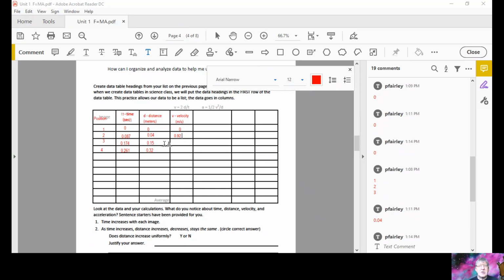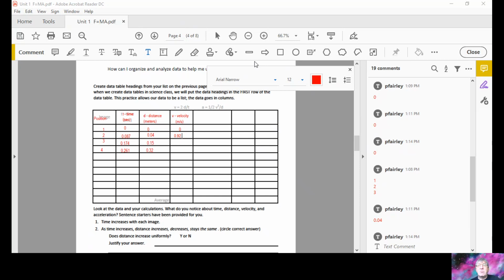2d. So I have to start with 0.15. Be very careful. You got to put the correct thing in first. It's got to be d. 2 times d, the distance, 0.15 times 2, hit the equal sign, divided by the time, 0.174. And that gives me an answer of 1.724.